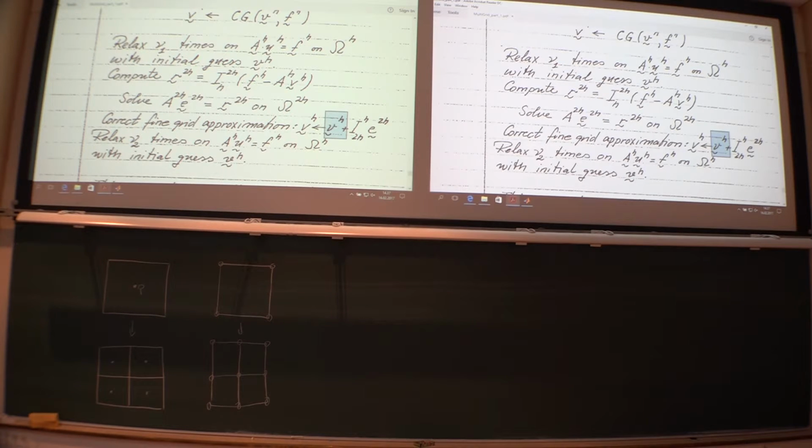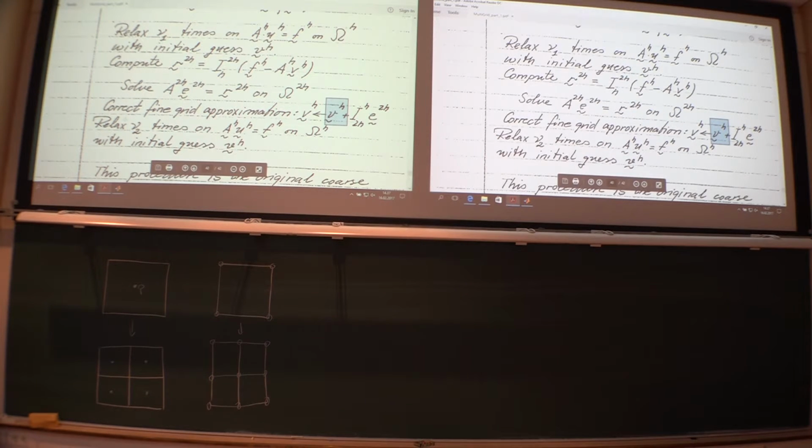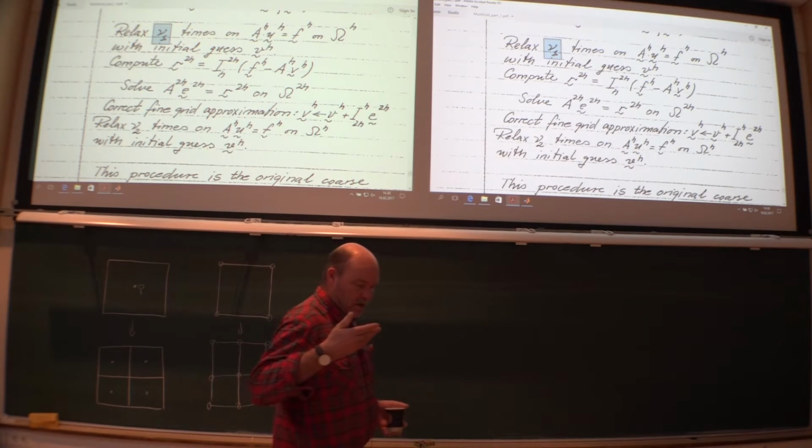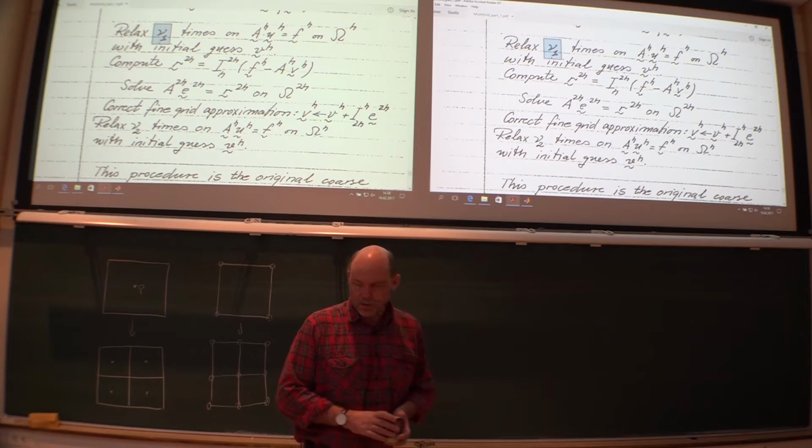And then we do a couple of iterations here as well, nu2. These two parameters, nu1 and nu2, are something you will find in most multigrid algorithms. Nu1 is the number of relaxations on the way down to coarser and coarser meshes.